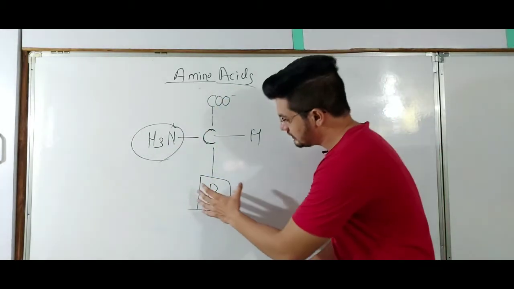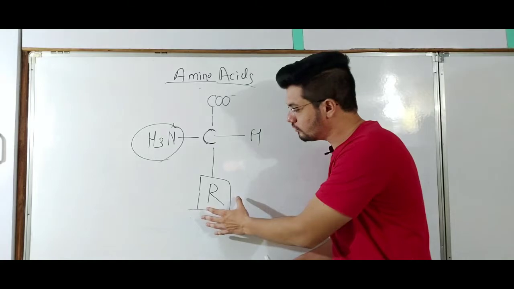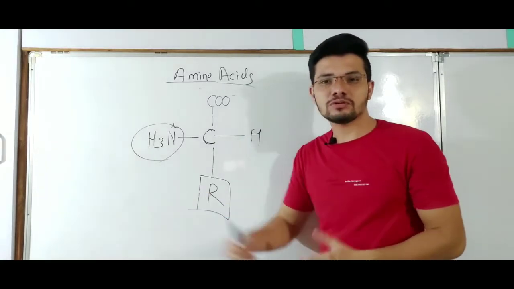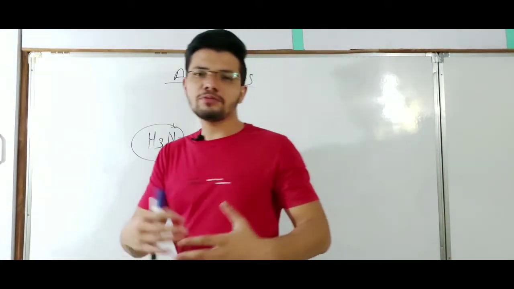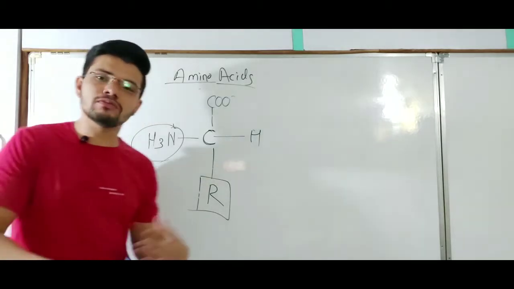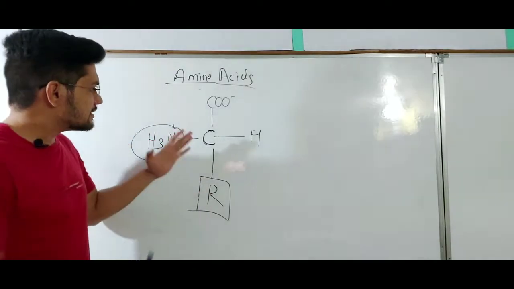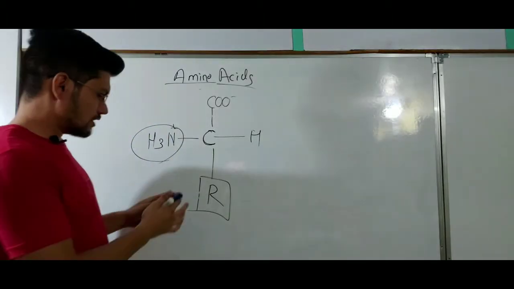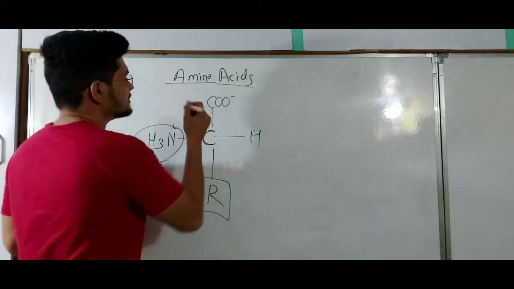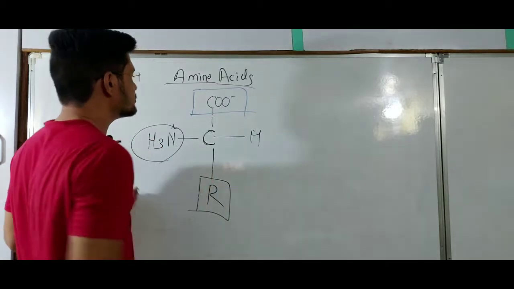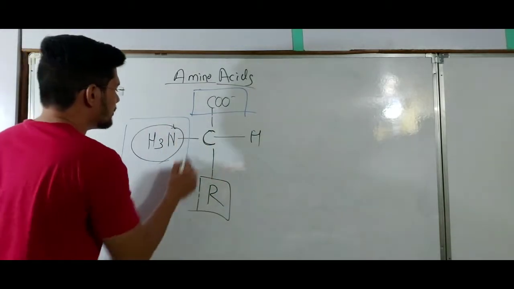What differs is this R group, this functional group, which differs from amino acid to amino acid. As the amino acid changes, this functional group will also change. So this is the general and typical structure of amino acid. You can see here there is the carboxyl group, and this is the amino group.